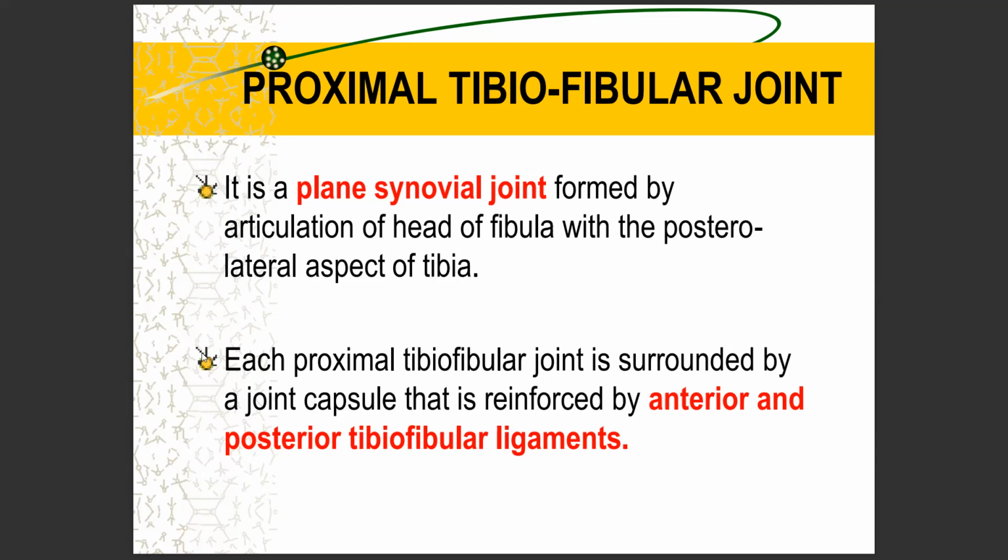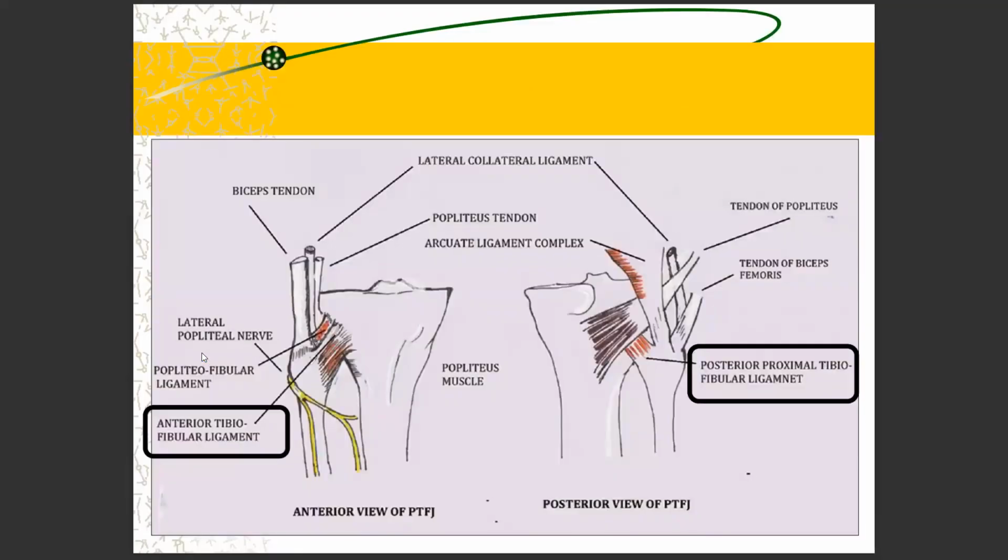The ligaments of the distal joint we will call the anterior and posterior inferior tibiofibular ligaments, and for the upper joint, we will term them the anterior and posterior superior tibiofibular ligament, or the proximal tibiofibular ligament.